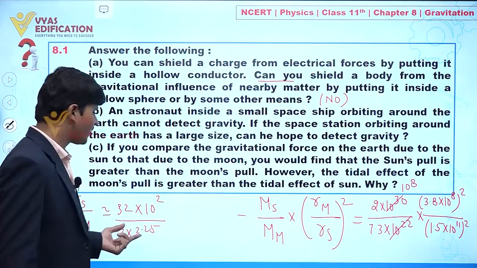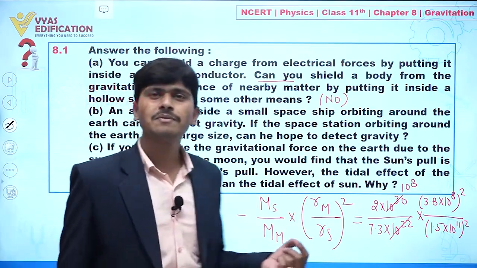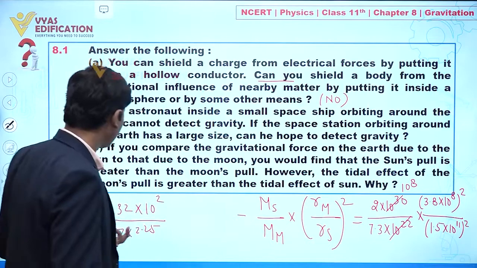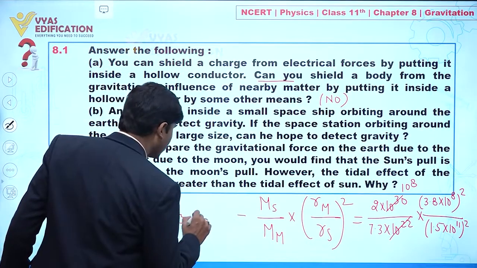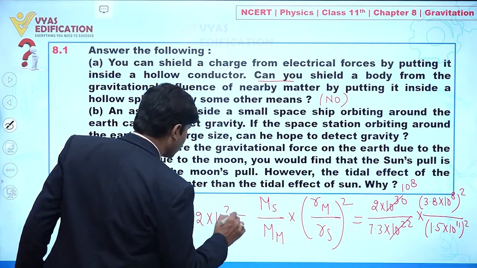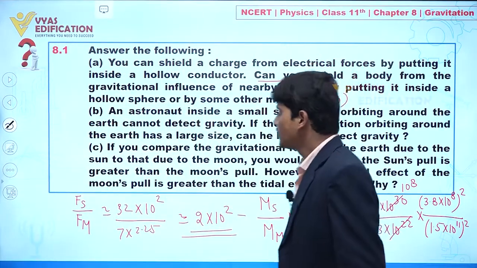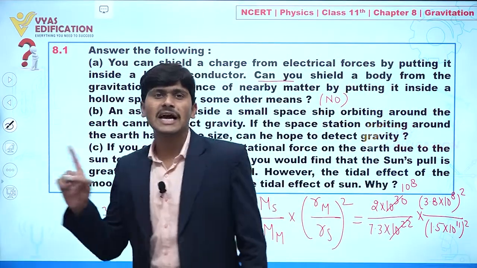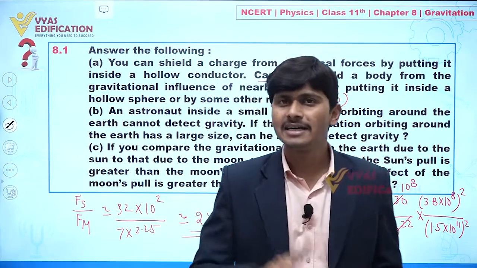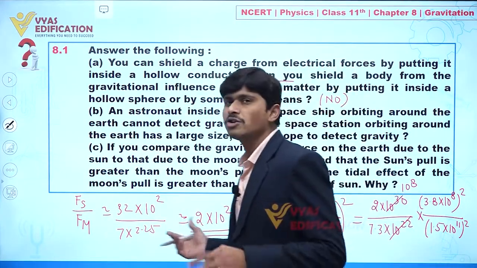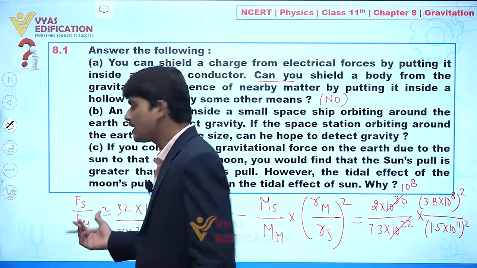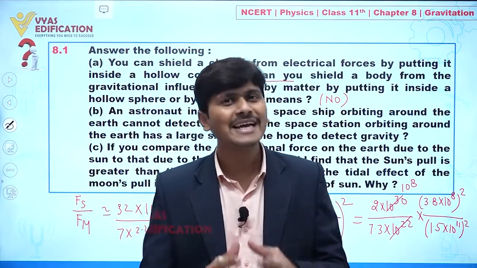So 1.75 plus 14 is 15.75. Whatever we see here, we are getting this value approximately equal to 2 into 10 to the power 2. Clear? It means the gravitational force acting between the Sun and Earth is 2 into 10 to the power 2 times the gravitational force acting between the Moon and Earth.